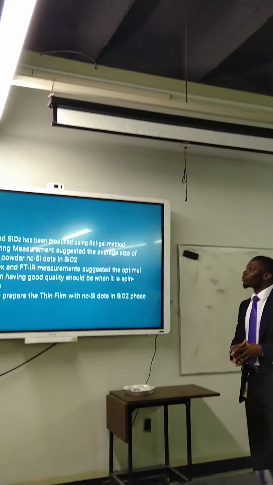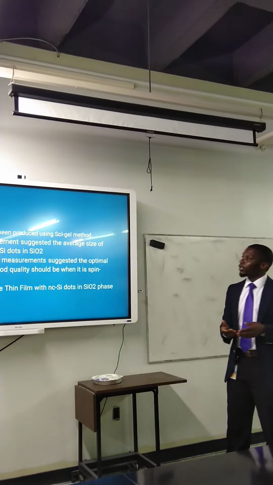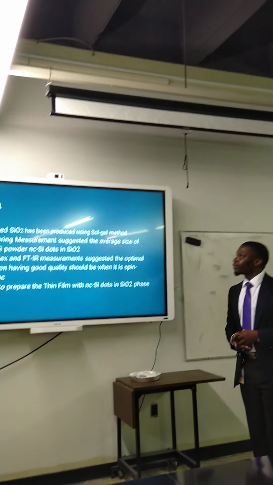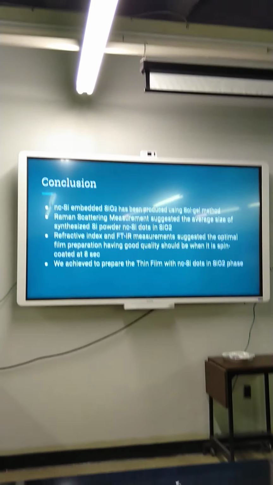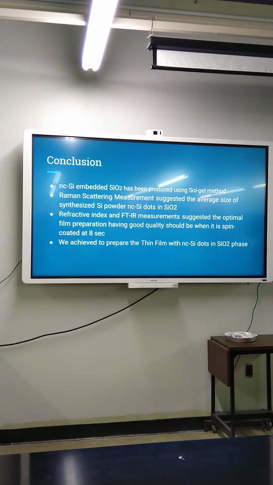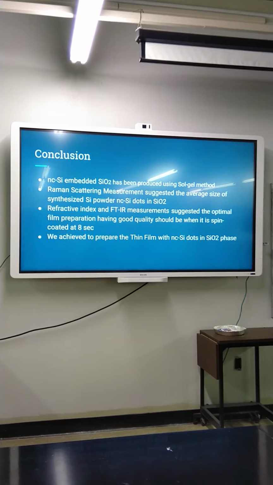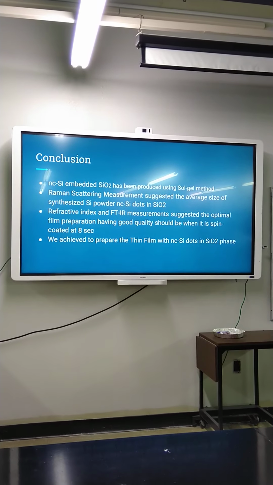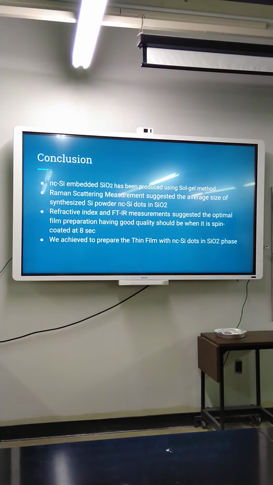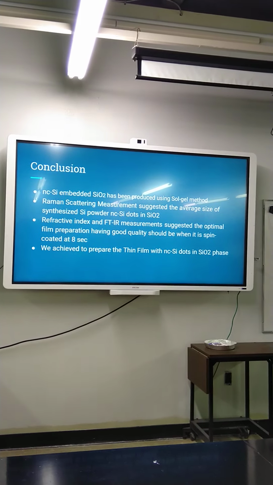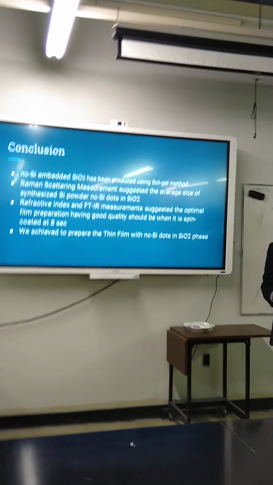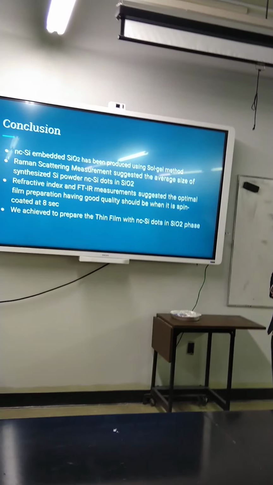In conclusion, in the end, we were able to have nanocrystal silicon embedded in silicon oxide using the solder method. The Raman spectrum measurement also suggested that the average size of synthesized silicon powder and nanocrystal silicon dots were present in the silicon oxide.